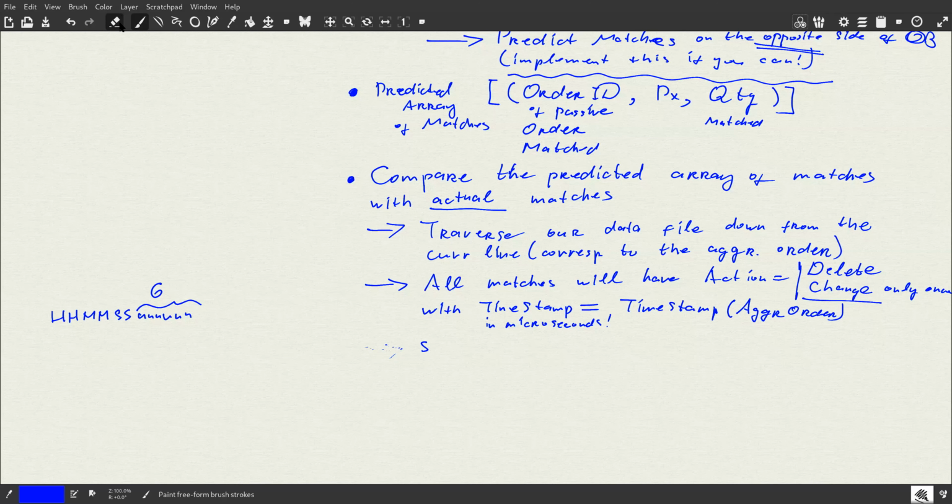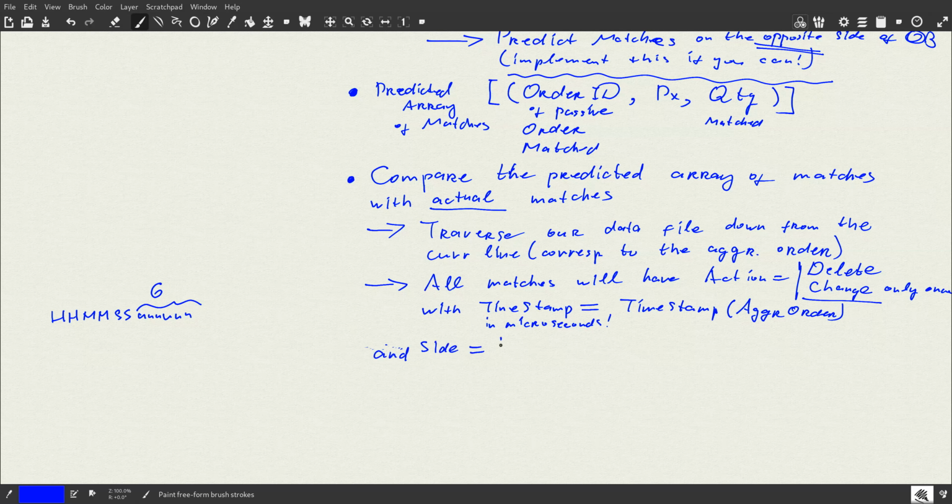And side equals the opposite side of the aggressive order. So you do this some kind of look ahead.